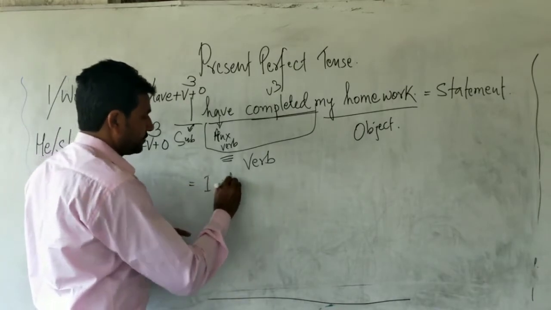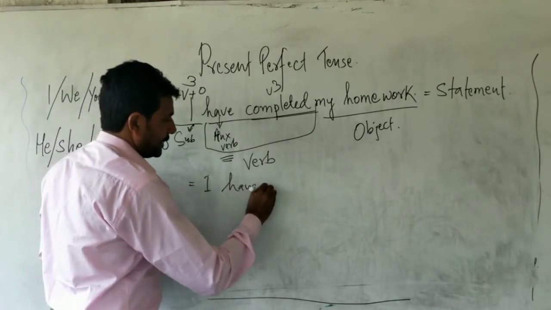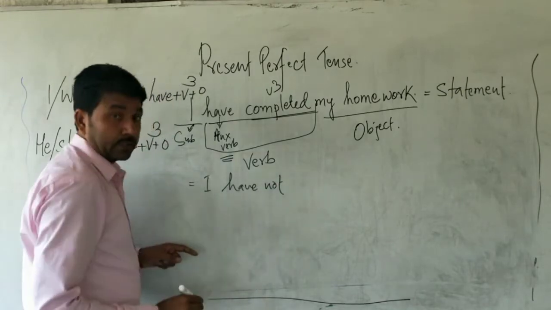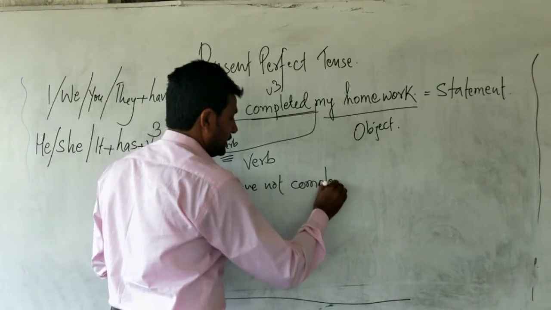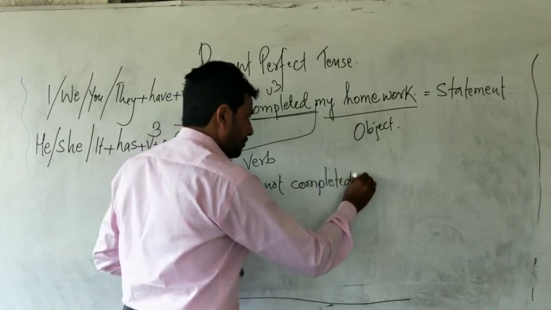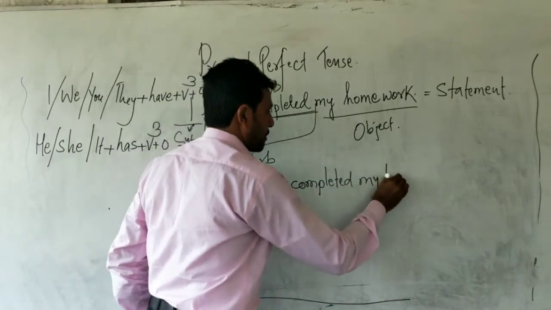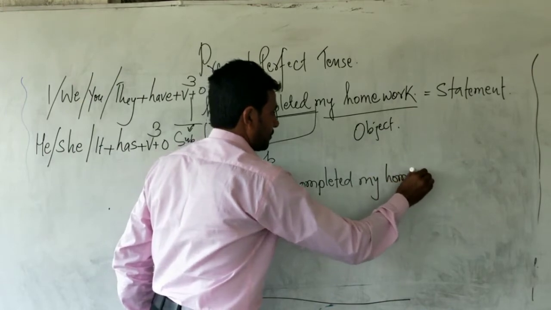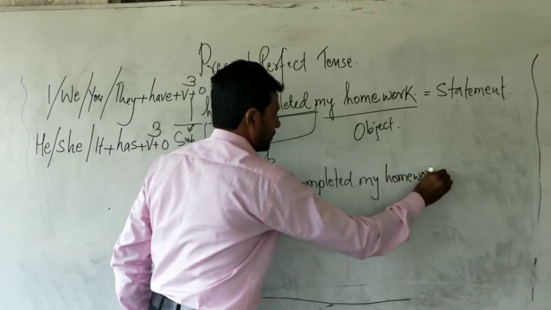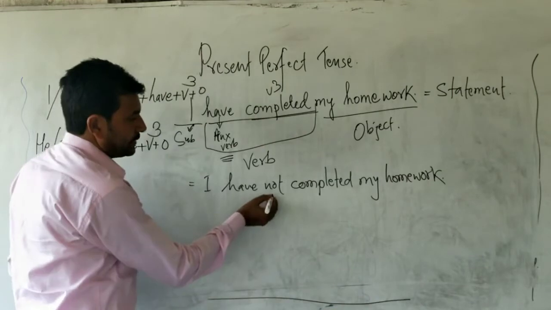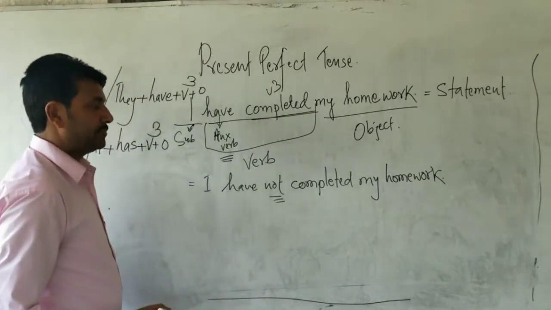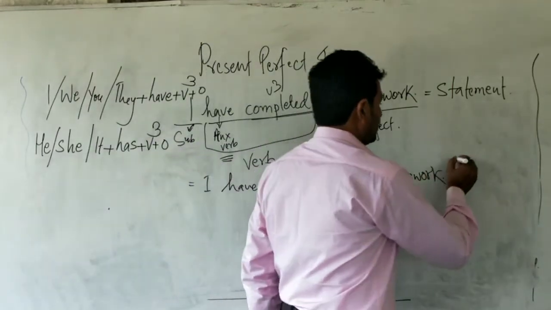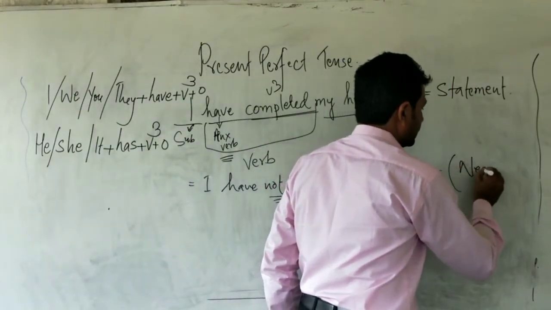I have not completed my homework. Here is not. This makes it negative. This is a negative sentence.